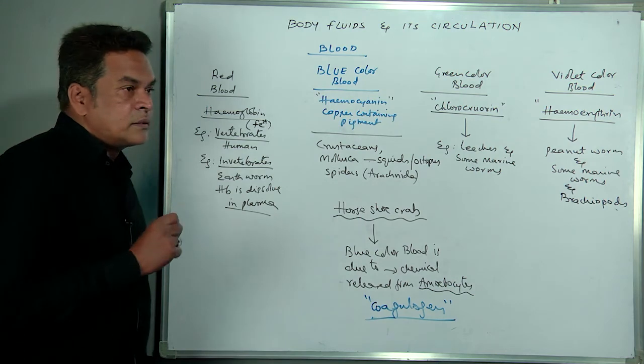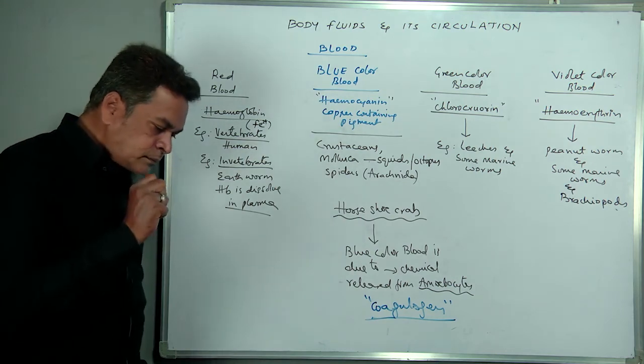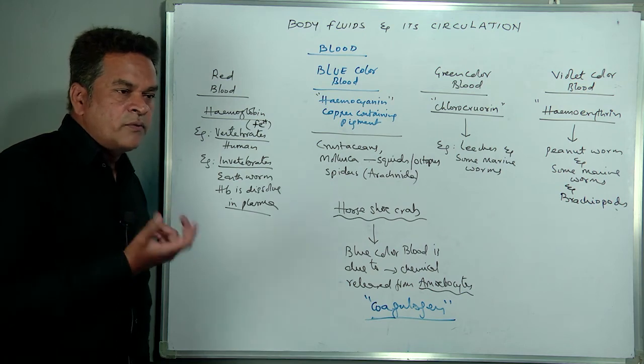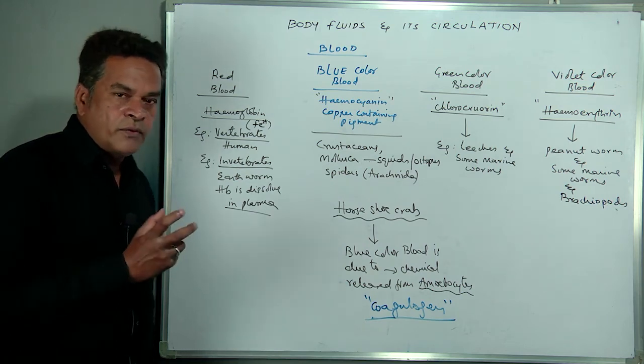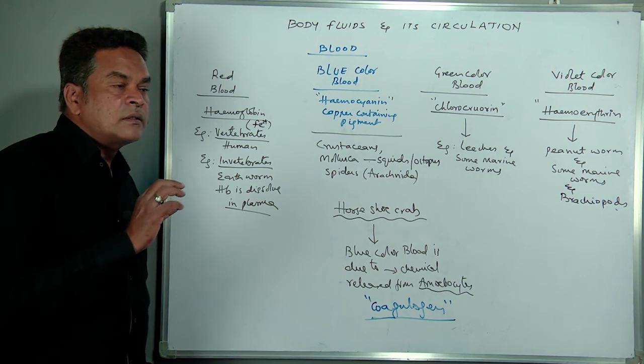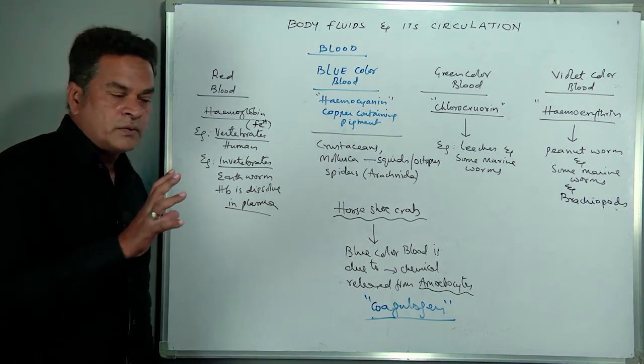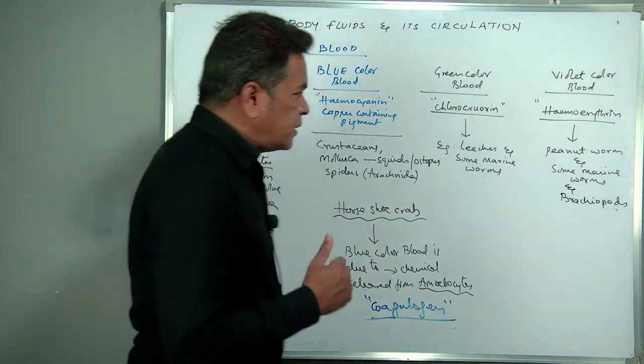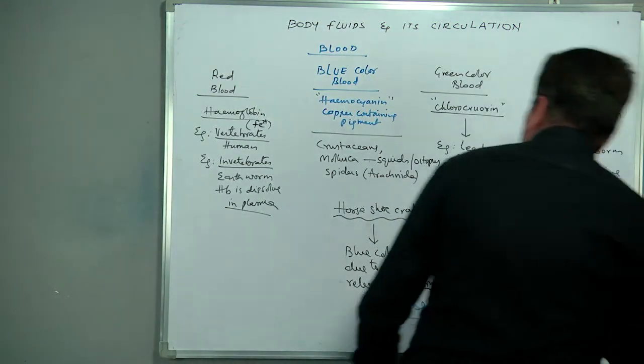Now we'll discuss what actually the body fluids are, which fluids in real sense we call body fluids, and what their percentage is with respect to body weight. We'll see that topic.